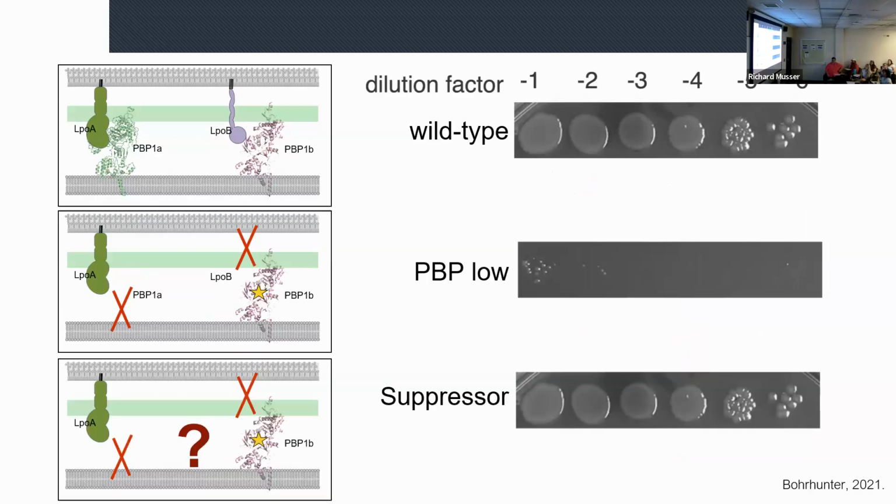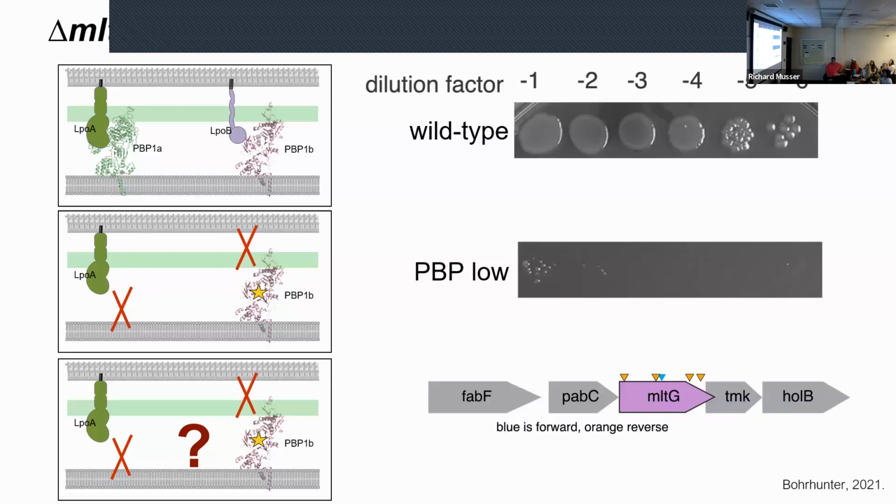And this is what a suppressor would look like. It's growing, whereas before it would not. And what did I pull out? But a whole lot of inactivating mutations in MltG.